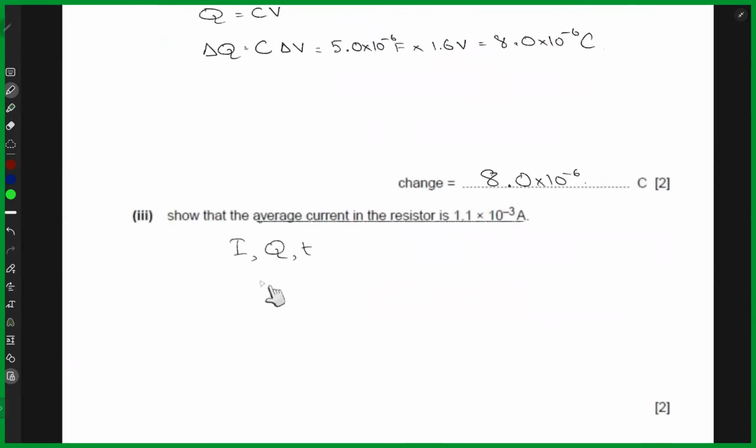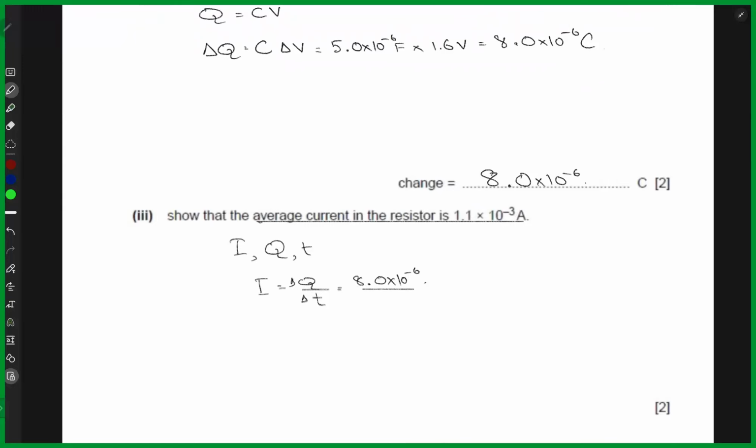So we know that current is the rate of change of charge, dq by dt. This would mean that if I have the change in charge, which I do, which is 8.0 into 10 raised to power minus 6. Now, this change in charge happened over what interval? What would be delta t? This was happening while the discharge is happening.